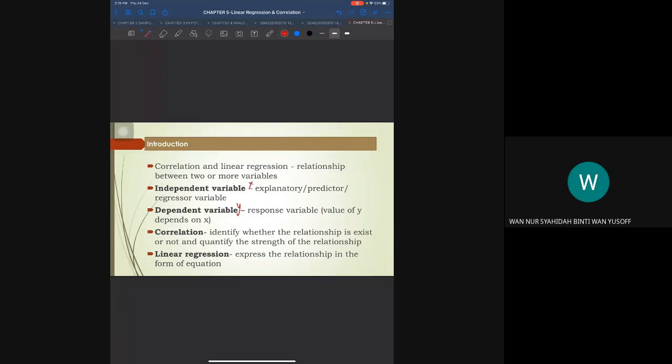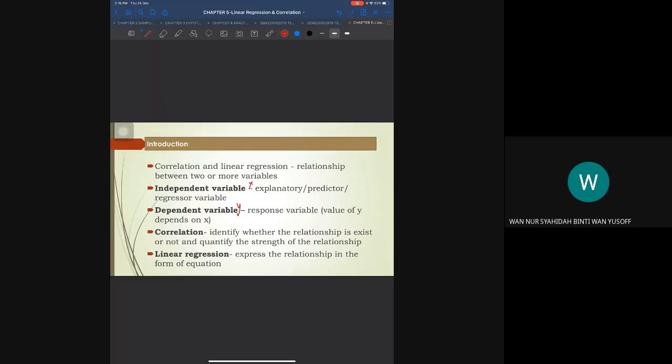There will be some keyword in the question to distinguish which one is X and which one is Y. Sometimes it also depends on common sense, which one depends on which one.